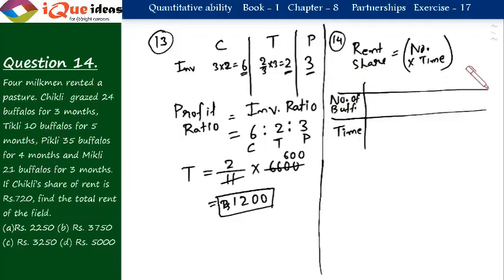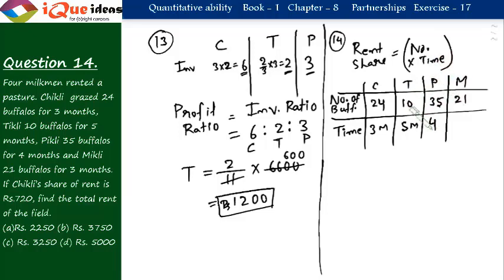Now there are 4 people. Chikli has 24 buffaloes for 3 months. Tikli has 10 buffaloes for 5 months. Pikli has 35 buffaloes for 4 months. And Mikli has 21 buffaloes for 3 months. So their rent share ratio will be calculated like this.